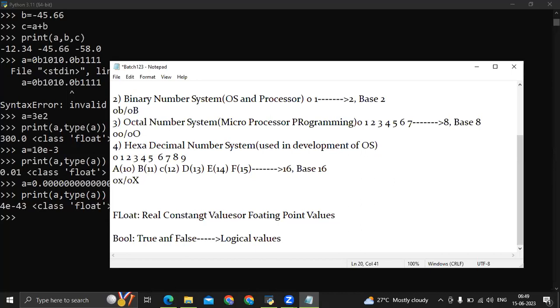These are the keywords, and they are treated as values for the bool data type.